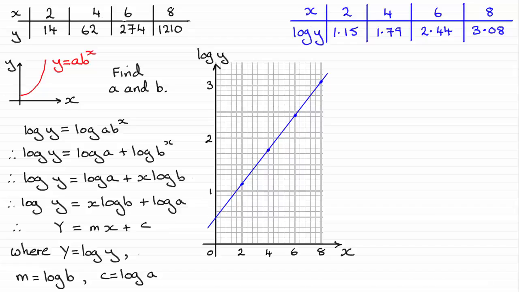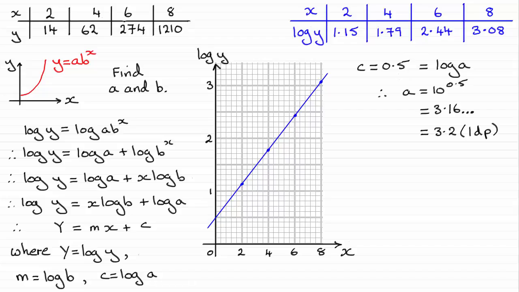So therefore, we've got that c equals 0.5, which corresponds to log a. So to get the value of a, I just need to anti-log this, and that will give me a equals 10 to the power 0.5. And if you work that out, you'll find you get 3.2 to 1 decimal place.